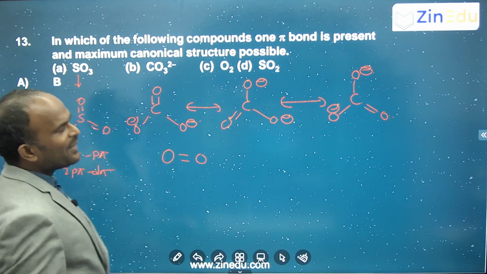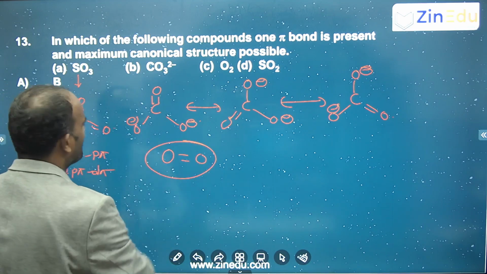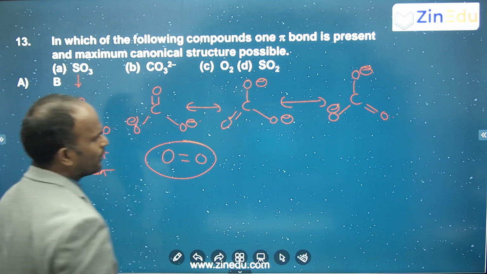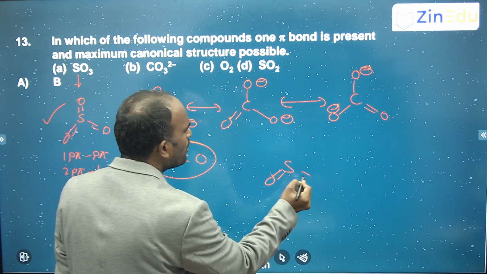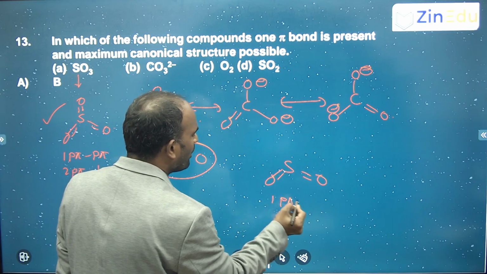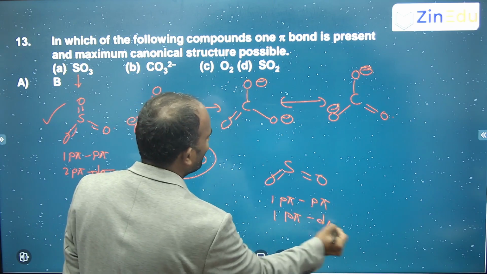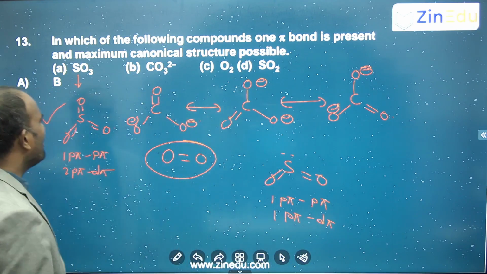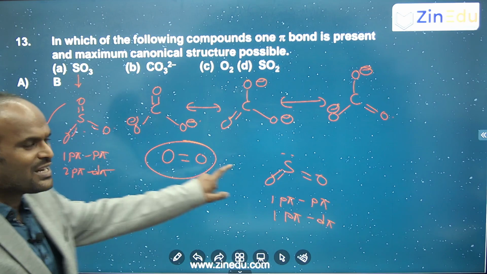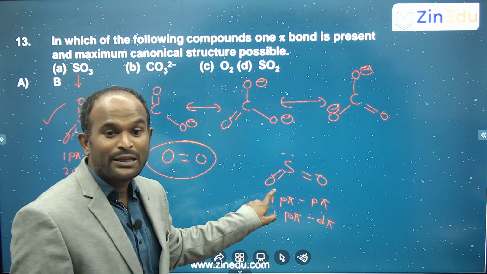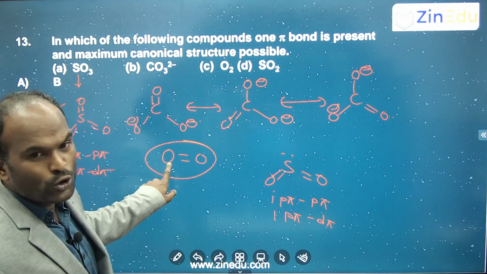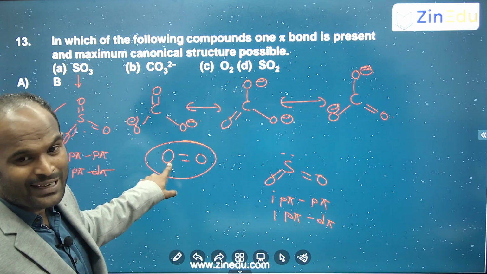In oxygen, one p pi bond is possible, but canonical forms are not possible. Here also canonical forms are not possible. S double bond O, one p pi bond as well as one p pi d pi bond is evident, with one lone pair of electrons. Both SO3 and SO2 don't have canonical structures, and O2 also doesn't have any canonical structure.